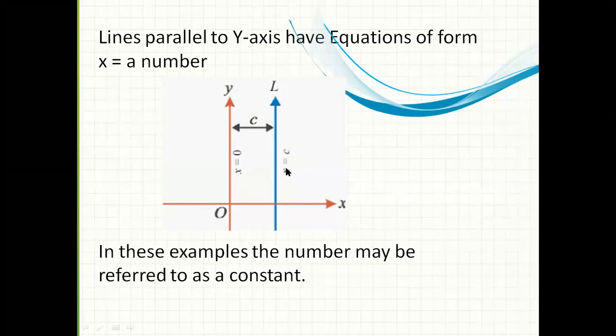C can be 3, 4, 5, so whatever point you choose on this blue line, the x will be C all the time, but y will keep changing. So here, the equation of the blue line is x equals C, the fixed number.